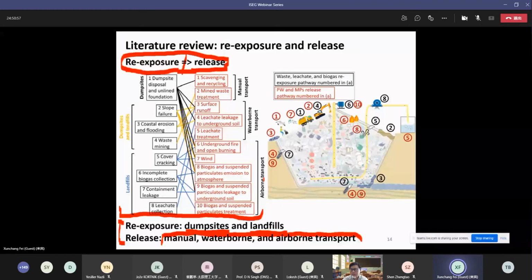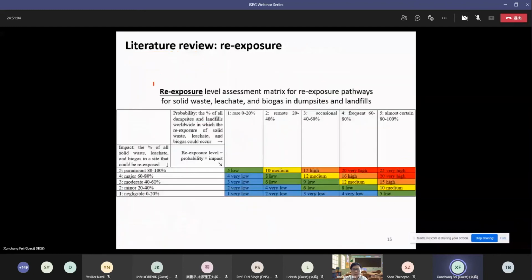All right, so the next thing we've done in the review is to carry out a so-called level assessment for the re-exposure and release. It's a risk assessment, so I believe many of you should be familiar with this approach. We first qualify and semi-quantify how much waste can be released from a site at a certain time, and how much of this site is vulnerable to the release in the long term, and so on.